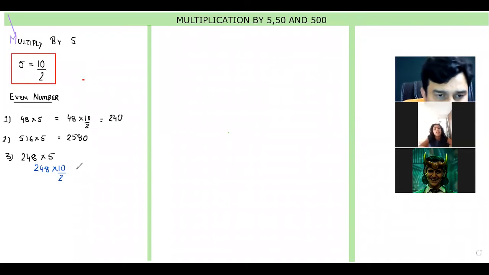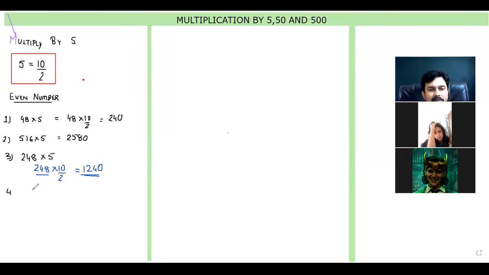You know how to divide any number by 2 quickly. 2 divided by 2 is 1, 4 divided by 2 is 2, 8 divided by 2 is 4, and now you have divided the number by 2. Now multiply it by 10. Multiplying by 10 means simply putting a 0 at the right. Okay, sir. Understood. Very nice.